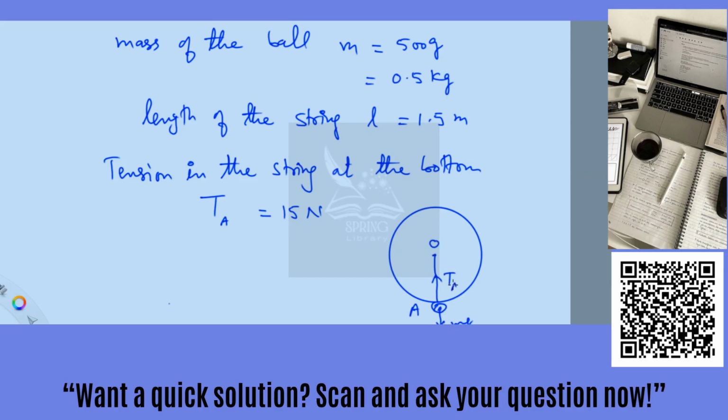This will be tension TA in the string in vertically upward direction. So, using free body diagram of the ball, the net force acting on this ball will be TA minus mg, and that will serve as the necessary centripetal force, which is given as mv square by r.